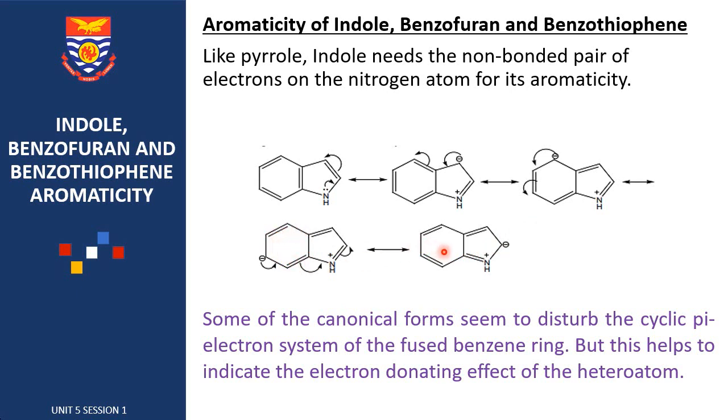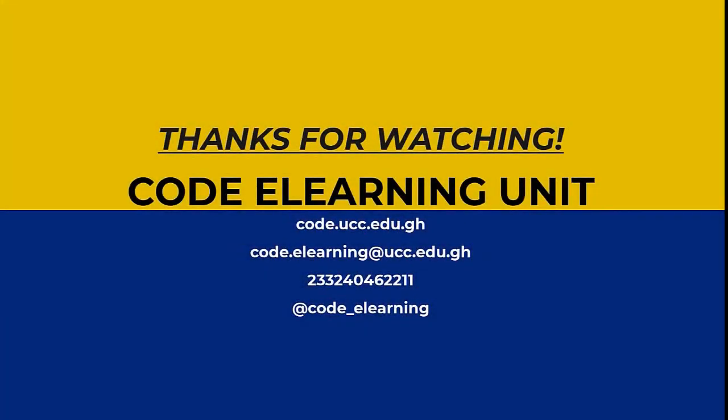So this is not complete, so this is unstable, this is unstable. However, this is stable, this is very stable, this is not stable. So it is this that helps us to indicate the electron donating effect of the heteroatom. So the heteroatom here, and its ability to donate its pi electrons into the ring, is what leads to the formation of these resonance structures. And you'll be looking at their effect in the reactivity towards an electrophile or a nucleophile in the subsequent sessions.